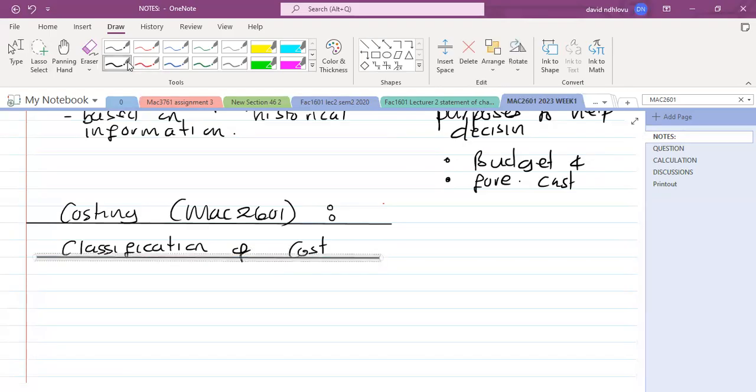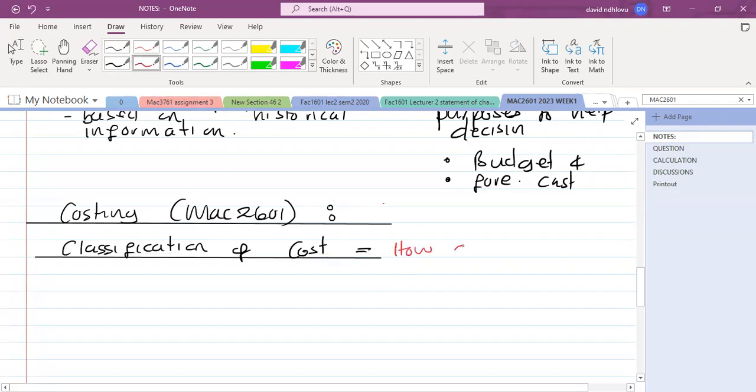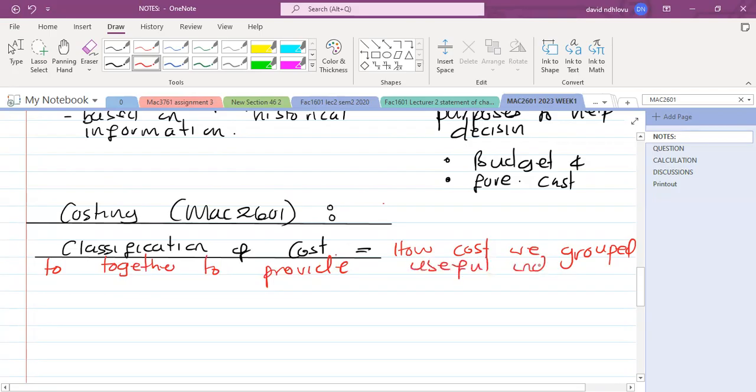When we talk about classification of cost, we are basically discussing how costs are grouped together to provide useful and relevant information.